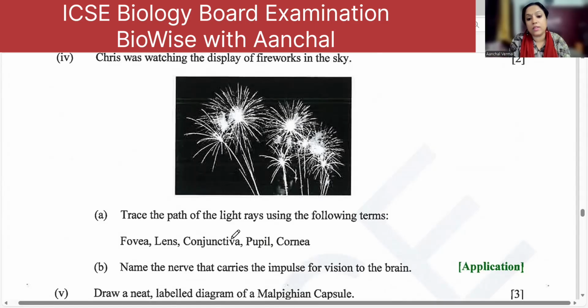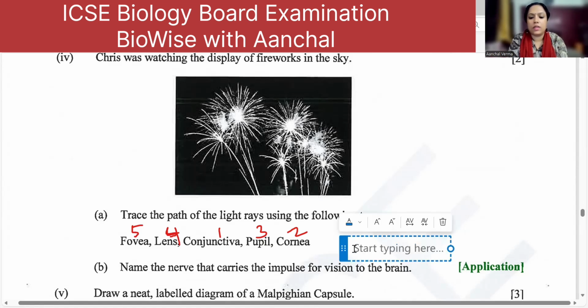So first the conjunctiva, then you have the cornea, then the pupil, then the lens. This is the fourth one. And last, you have the yellow spot, that is the fovea. Name the nerve that carries the impulse of vision, that is your optic nerve.